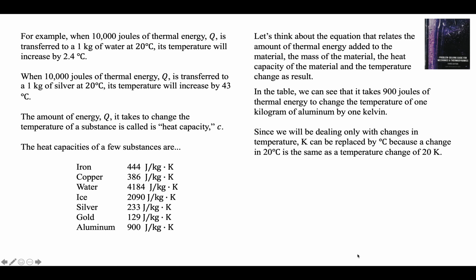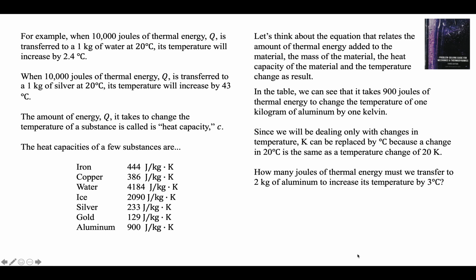By the way, since we're only dealing with changes in temperature, not absolute temperature, when we do these problems, Kelvin is the same as degrees Celsius because a change of 20 degrees Celsius is the same as a change of 20 kelvins. So how much thermal energy must we transfer to 2 kilograms of aluminum to increase its temperature by 3 degrees Celsius?